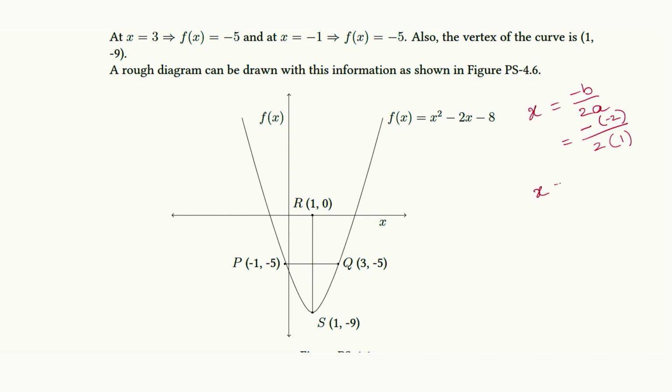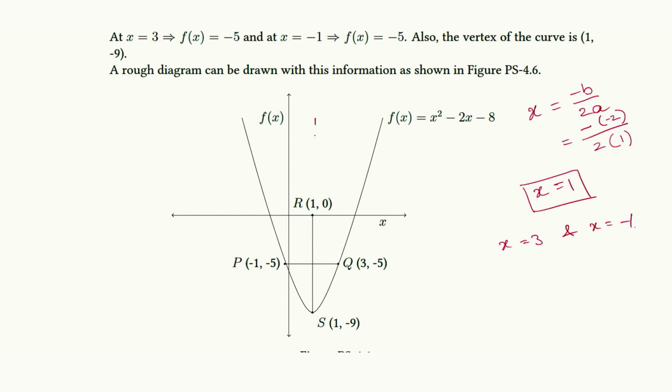So x is equal to 1 is the axis of symmetry, and 2 units away from this will be x is equal to 3 and x is equal to minus 1.